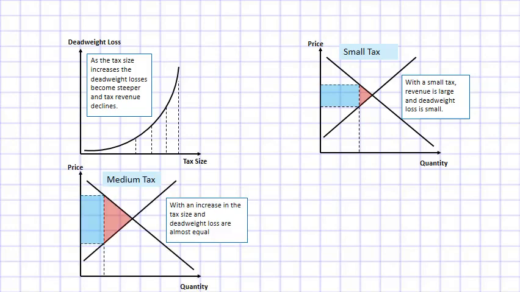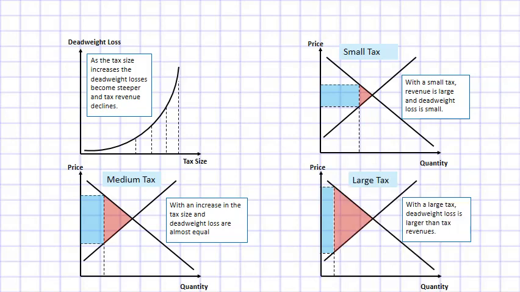When we go to the medium-sized tax, with an increase in the tax size and dead weight loss, they're both almost equal now. So on this medium tax, the amount of money that the revenue brings into the government is almost equal to the amount of money that's going to be lost in addition by the firms. And then you have here, with a large tax, deadweight loss is larger than tax revenues.